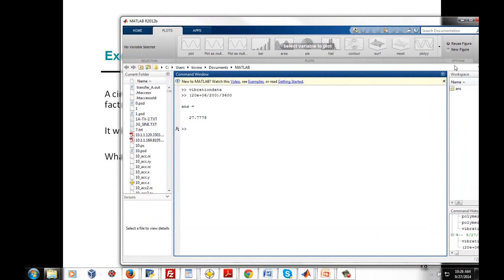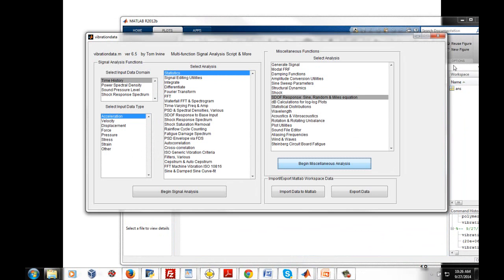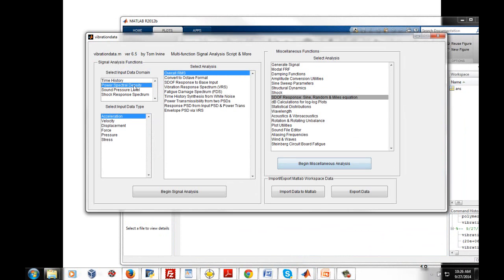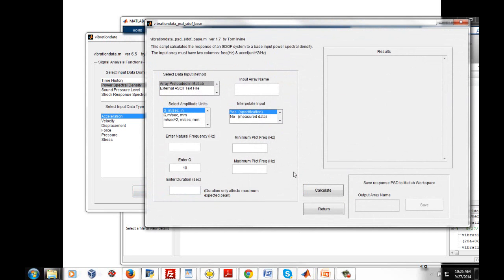Now, today we've used Miles' equation, and that's to harmonize ourselves with what Steinberg has in his text. But I want to show you the better method than Miles' method. So let's have a PSD input, and we're going to do a single degree of freedom response to the base input. We've done this before, it's a review exercise.